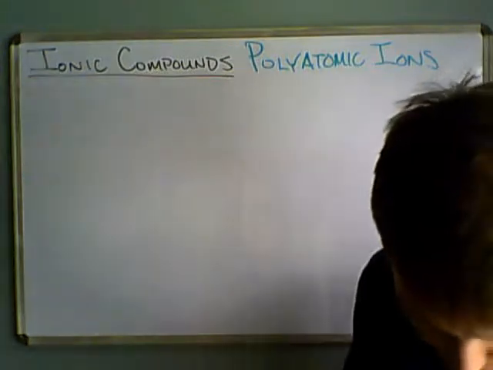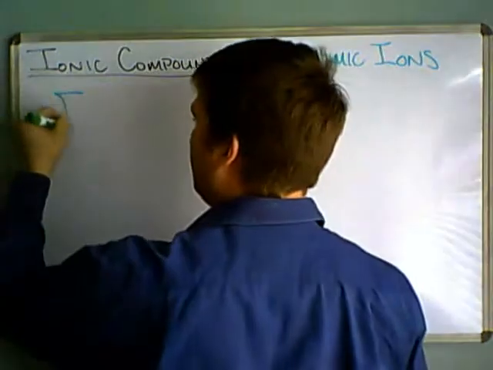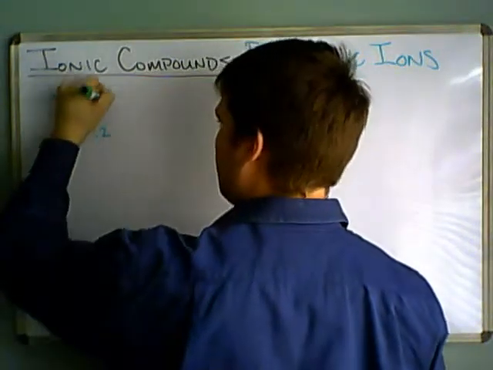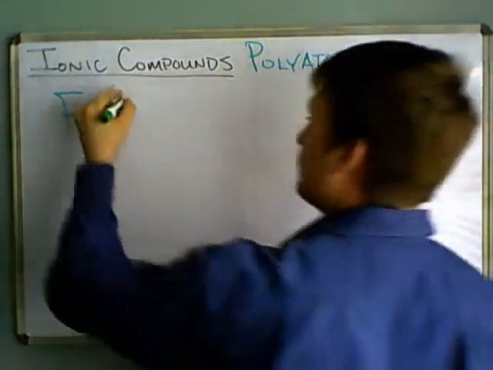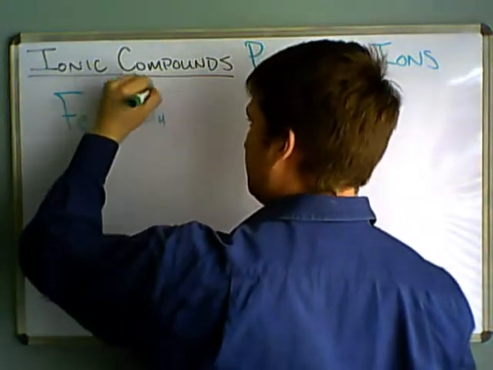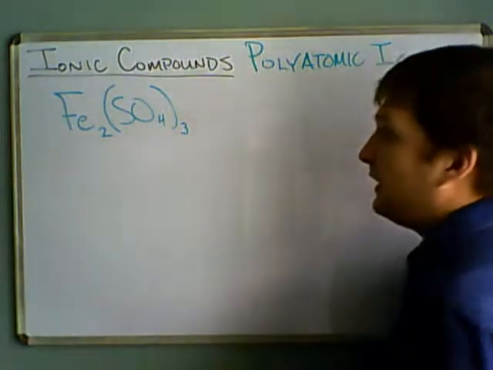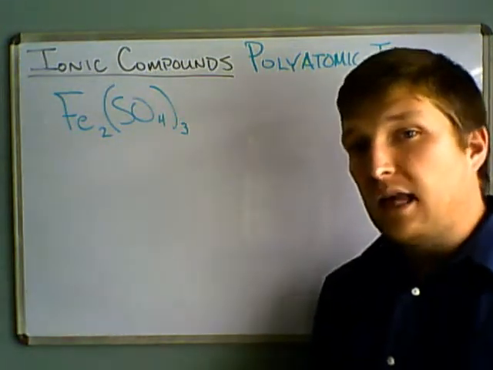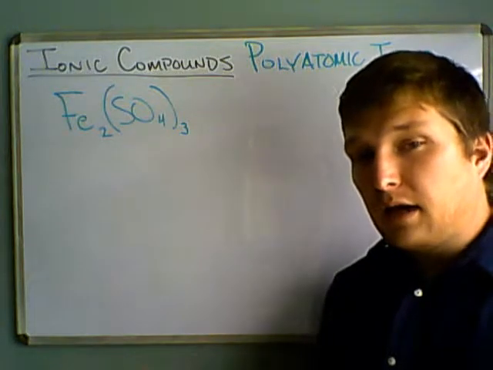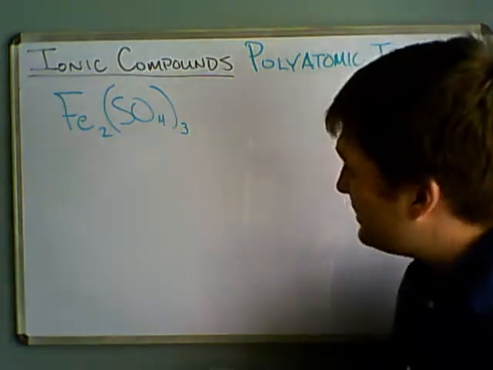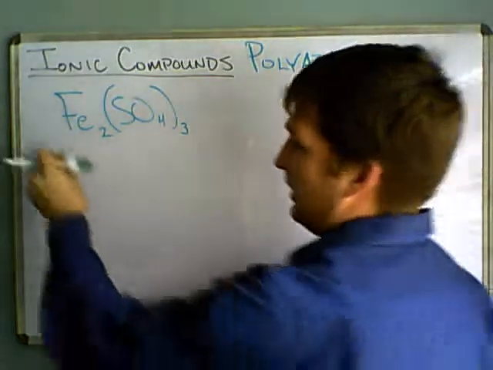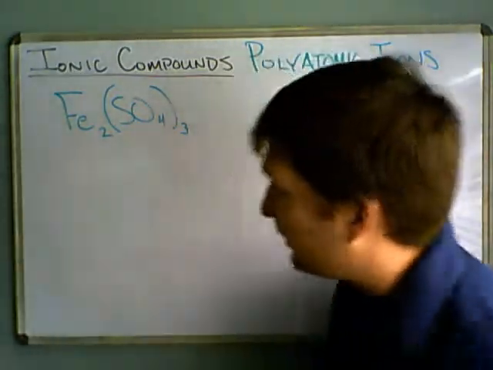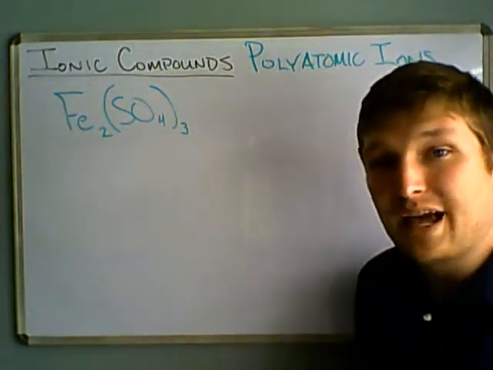Now, number 4, we had Fe2 and then SO4. When I'm given a formula and I need to know the name, I break it into ions. I know that iron is a transition metal, and it could have more than one type of ion.